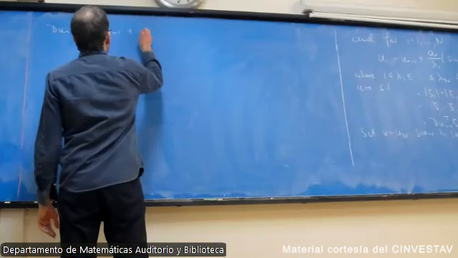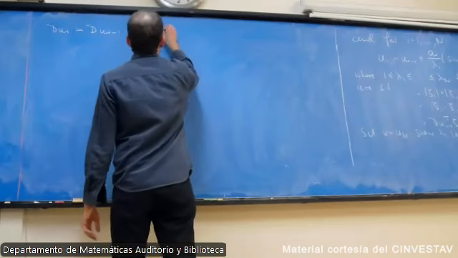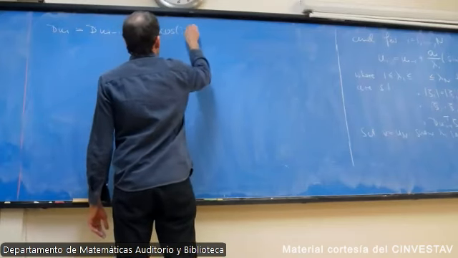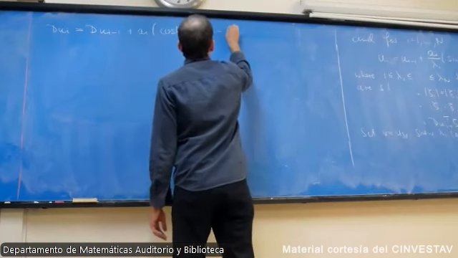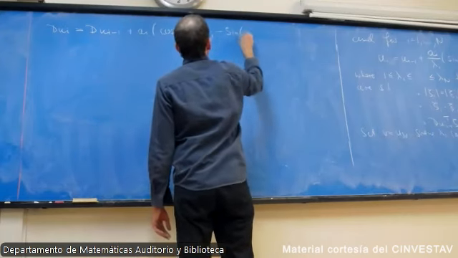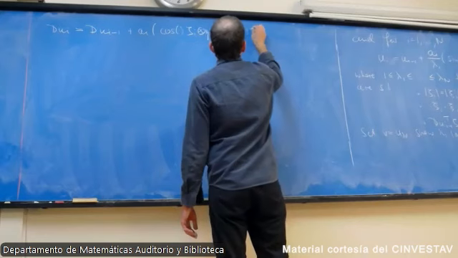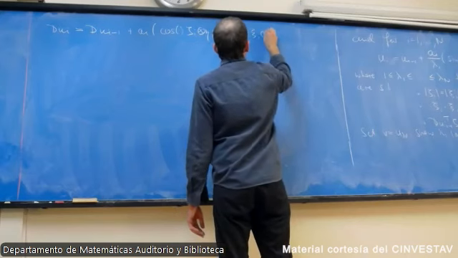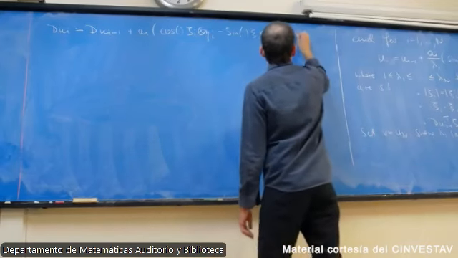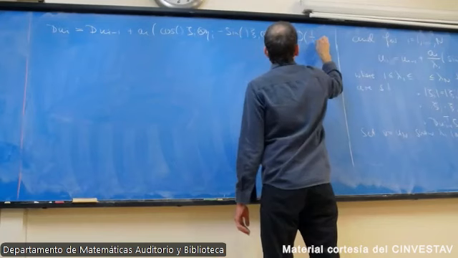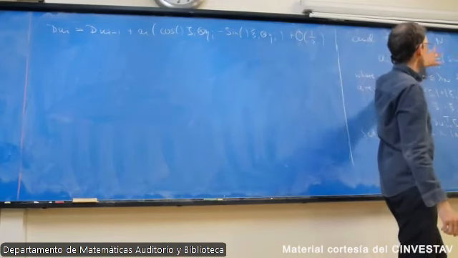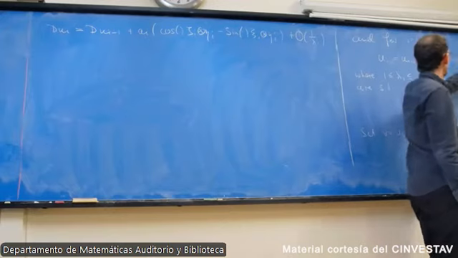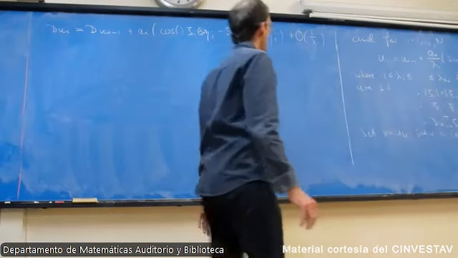So here you have plus AI, you have the cosine, and then you have zeta I tensor eta I minus sine, and then you have psi I, eta I, and everything else is small. The derivative of AI has a 1 over lambda. The derivative of zeta I and psi I also has a 1 over lambda.